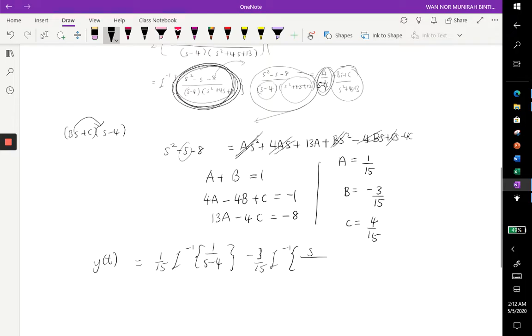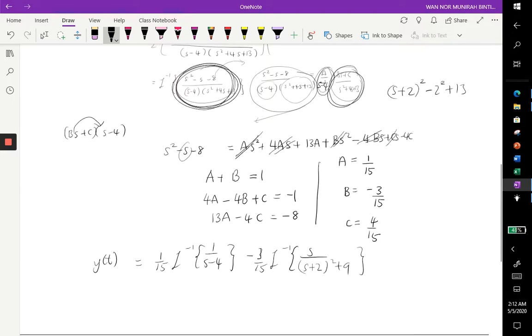Try completing the square: S square plus 4S plus half of B square, minus half of B square, plus 13. So you have (S plus 2) square plus 9. Plus C, which is 4 over 15, times 1 over (S plus 2) square plus 9.